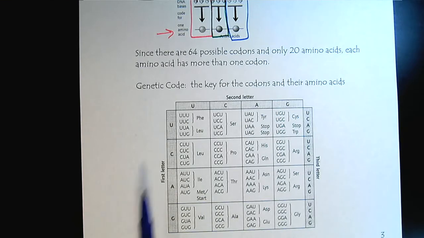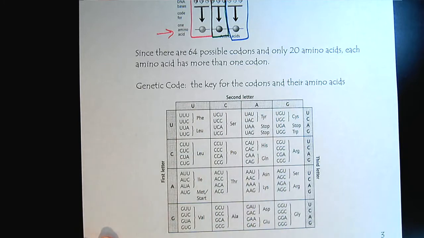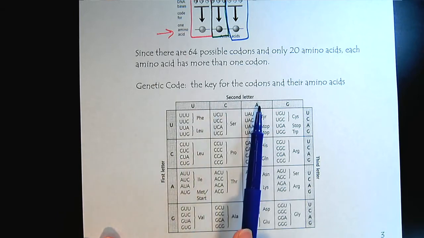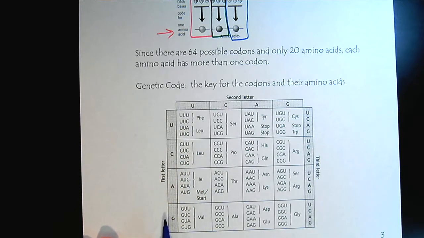Here we have the genetic code. It's the key for the codons and their amino acids. Here we see the first letter, and then here's the second letter, and you can see how pretty much each amino acid has several different codons to represent it.